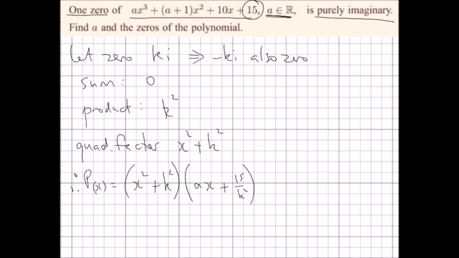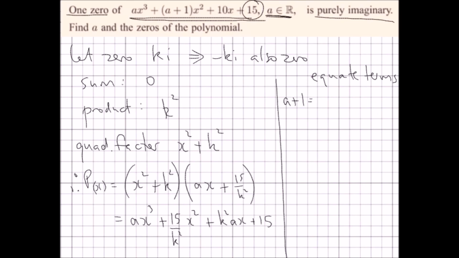And if we expand all of that and equate it to the original cubic up here, we'll get a plus 1 must equal 15 on k squared, and the value of 10, which is the x term here, must equal k squared a.